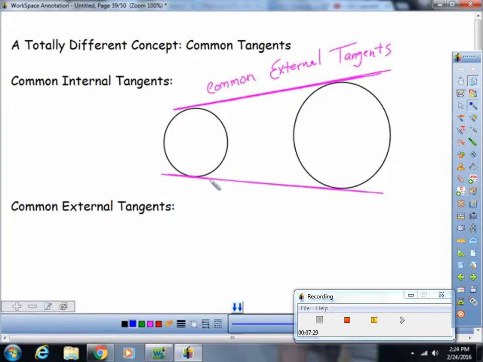All right, let's try again. Okay, notice when we form the other common tangent, they will intersect with each other in between the circles. And that relationship between those blue lines, they are common internal tangents.